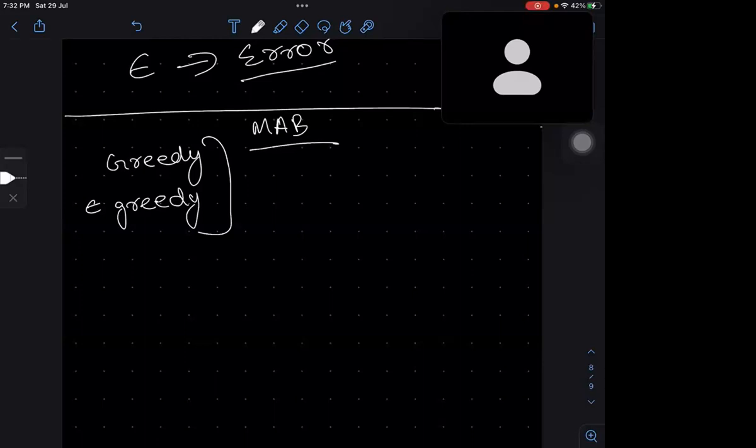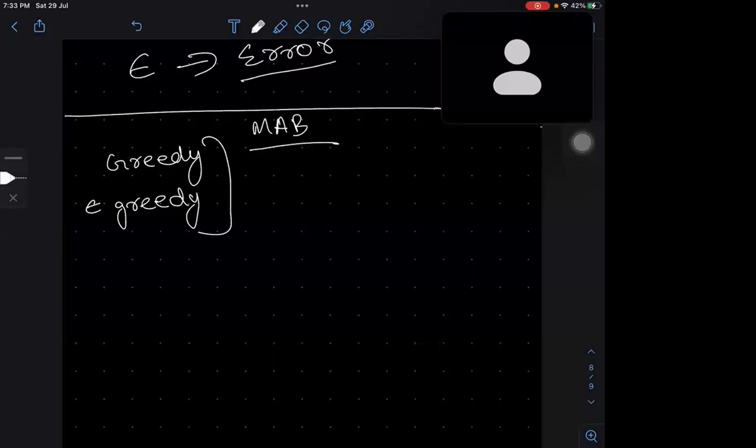Greedy is we are taking the best arm, which is giving the best reward. Epsilon greedy is like with 1 minus epsilon times I'm exploiting and epsilon times I'm exploring, basically. Can I say that? Yes, ma'am.